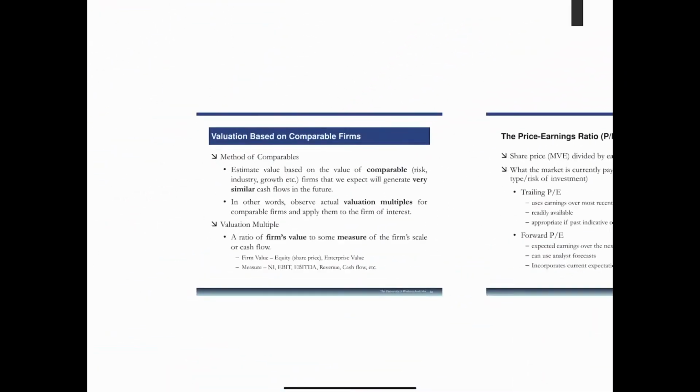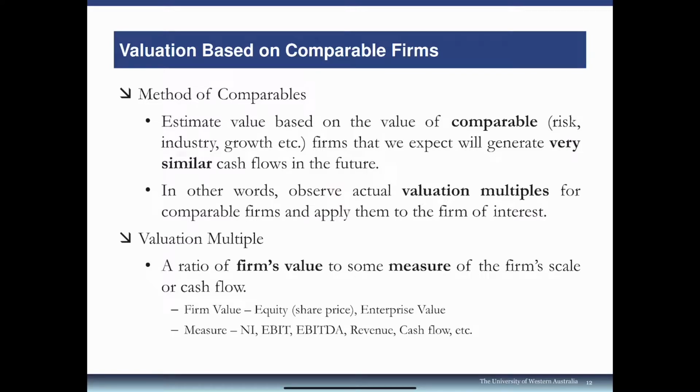All right, the second method people use is valuation based on comparable firms. Just like DCF, the valuation based on comparable firms also looks at the firm as a whole. The basic idea is that a firm must have its close peers, and we can say it is probably very similar to its close peer, or maybe exactly the same.